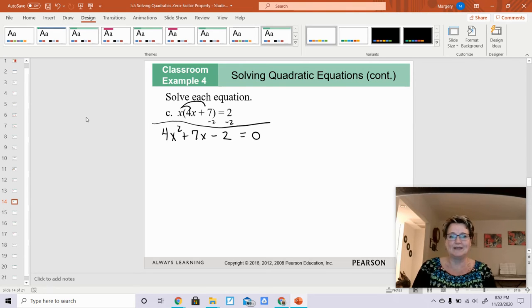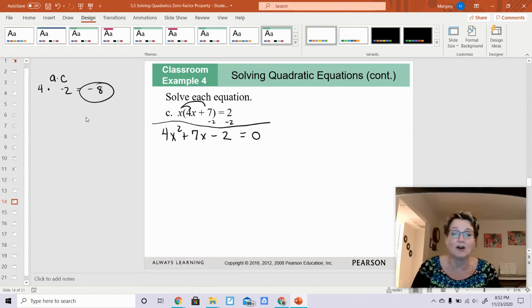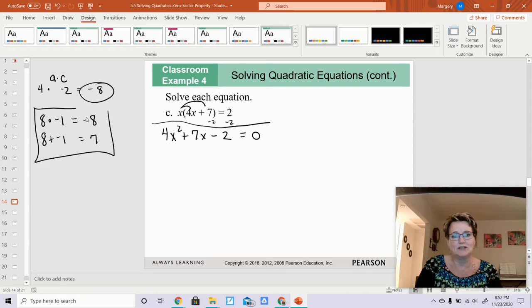I'm going to have to do the AC method. So here we go. AC method. My A is 4, my C is negative 2. I multiply them together. Negative 8 is my targeted answer. I know that 8 times negative 1 is negative 8. I also know that 8 plus a negative 1 is 7. So those are my two.